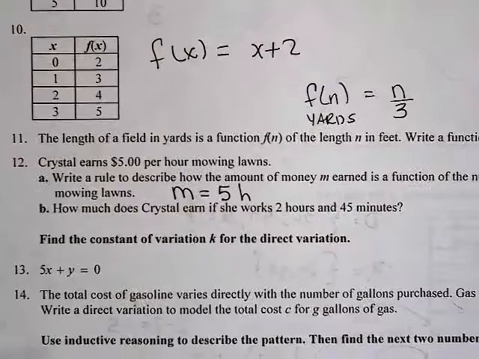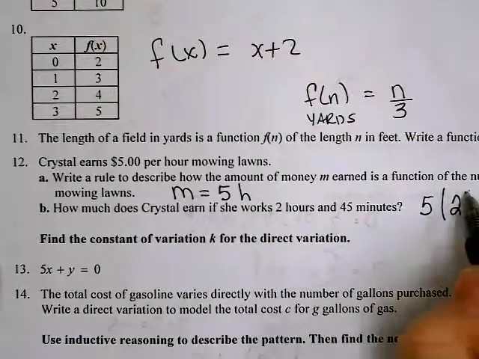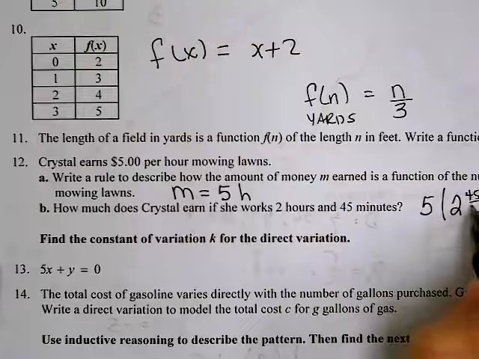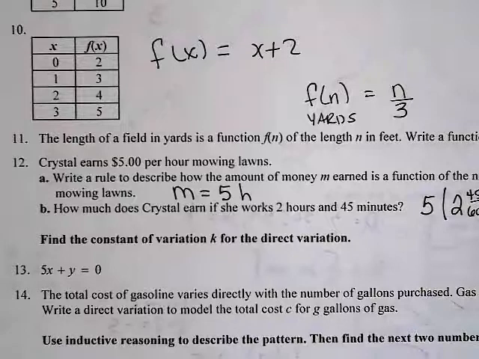How much does she work? So we're going to multiply 5 times 2 and 45 out of how many? What do y'all think? 60. Why 45 out of 60? Because it's the 45 minutes out of the 60. Yeah, don't put 2.45.